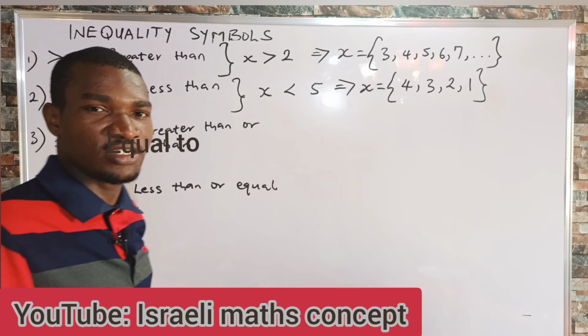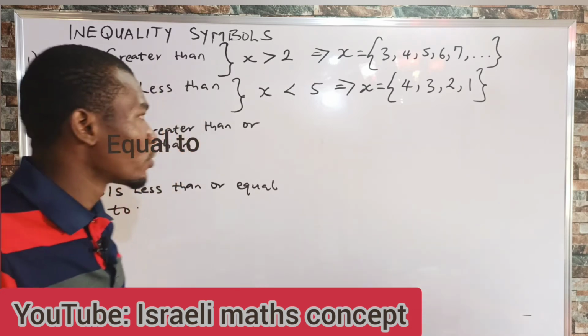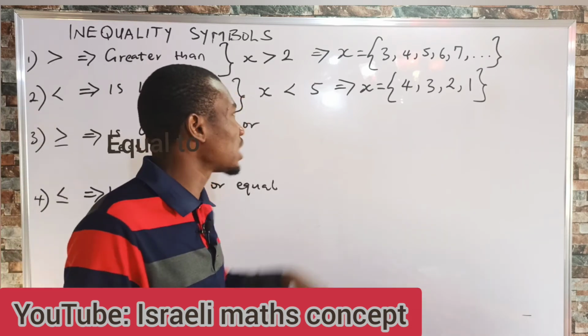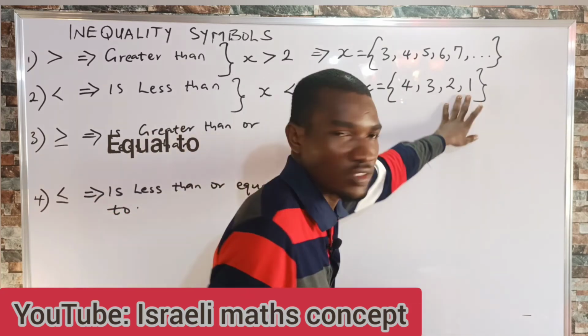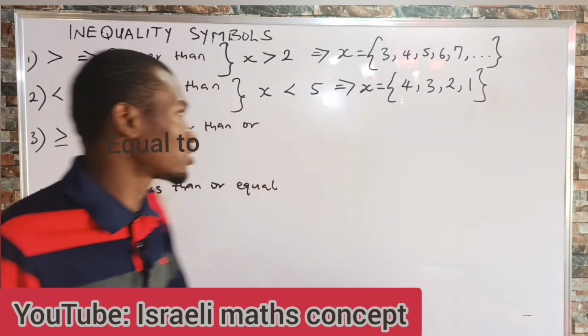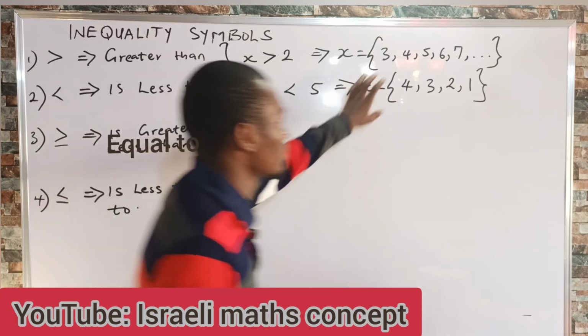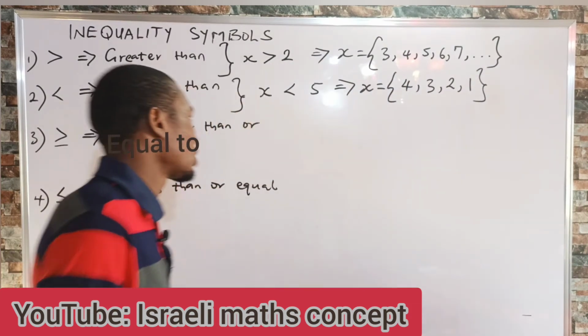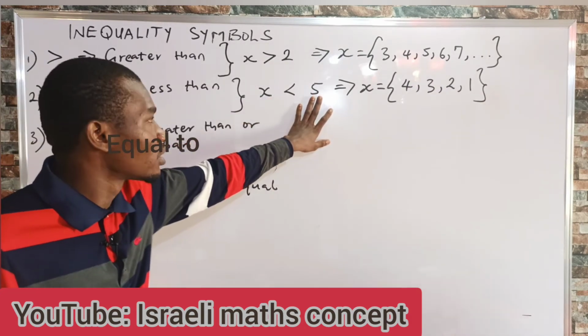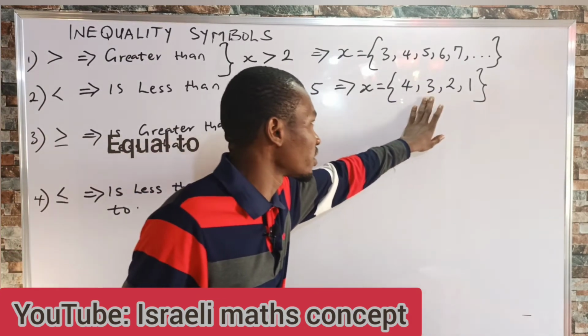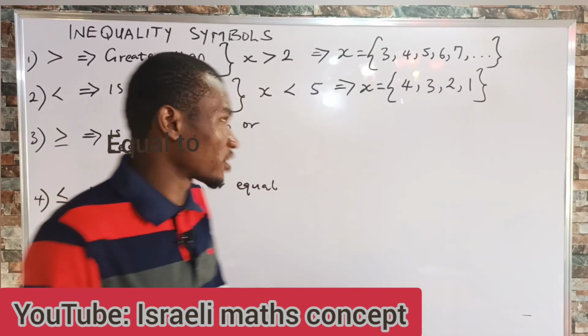When we start to treat real numbers and otherwise, we are going to talk of values which are real numbers. But for now, for natural numbers, 0 is not among them, negative values are not among them. So the numbers that are less than 5 are numbers like 4, 3, 2, and 1 respectively.